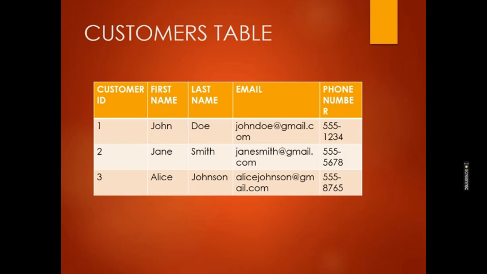The next customer is Jenny, last name is Smith, having email address of jensmith@gmail.com and has a phone number of 555678. Lastly, we have Alice, last name is Johnson, email is alicejohnson@gmail.com with a phone number of 558765.